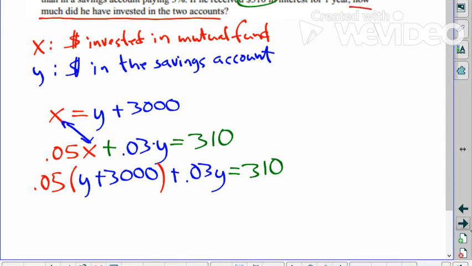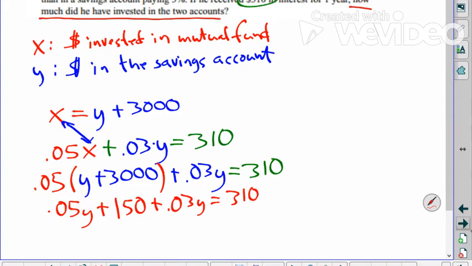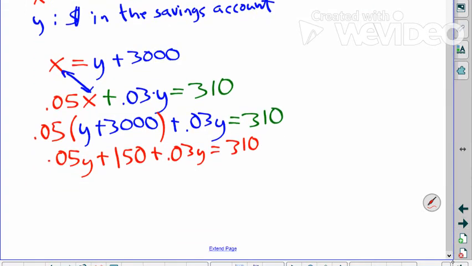Do a little distributive property over here. I get 0.05y plus, it's going to be about 60 there, 3,000 times 0.05. If this weren't a video, I wouldn't be double checking myself. Ooh, good thing I did. Okay, that's 150 plus 0.03y is equal to 310.